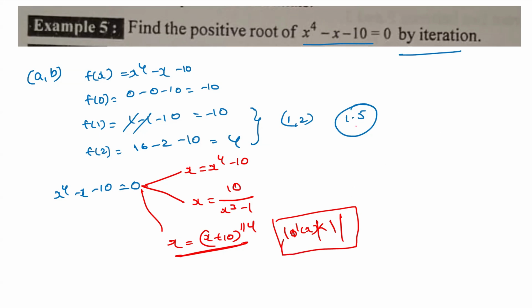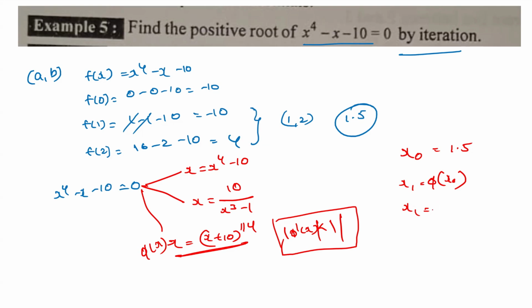First, we need to find the initial approximation x naught by substituting into phi of x. Here x naught is equal to 1.5, the random value we took, and next x1 is equal to phi of x naught. This is the phi of x, so we need to substitute here.